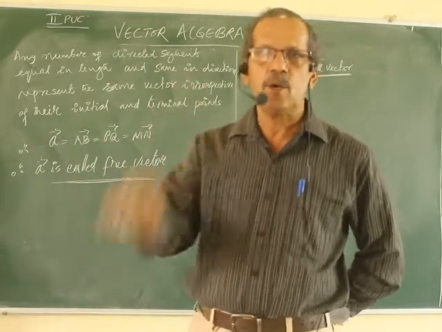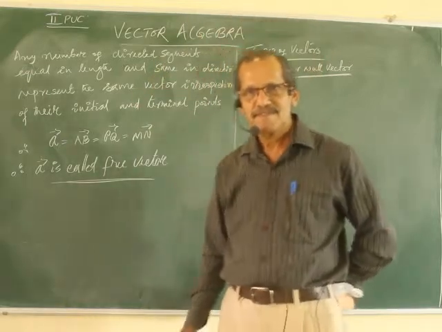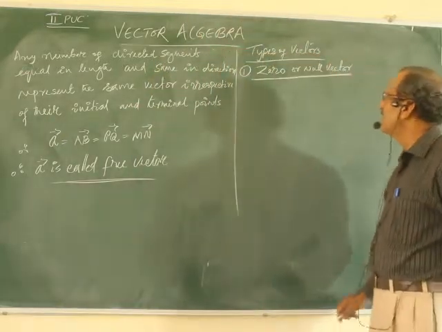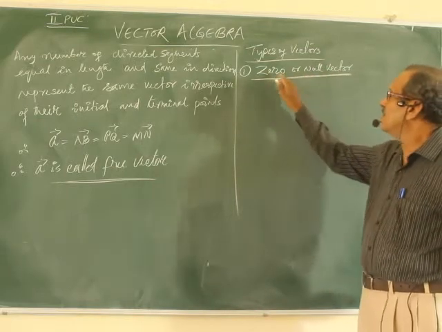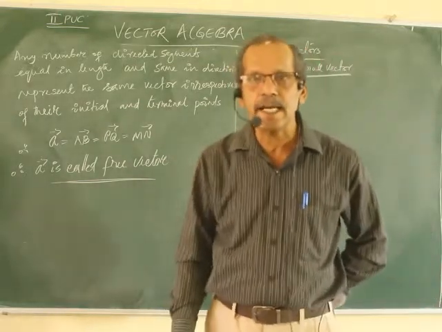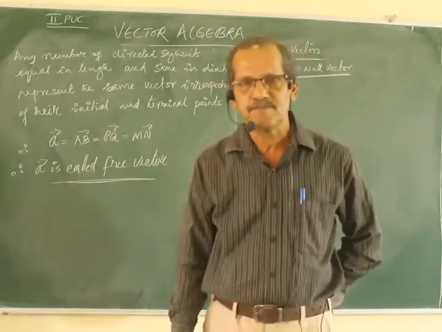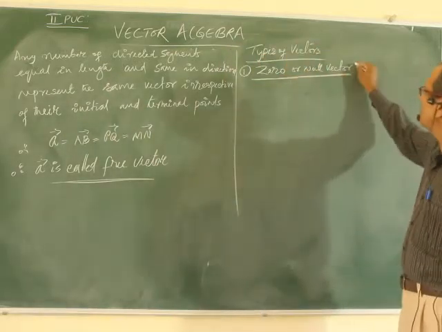Magnitude should be 0 and it should be a vector. Very difficult to imagine. Actually, it is a point, and if it is a point, don't say that it is a scalar, it is a vector. Which is the direction then? Any direction. Zero or null vector is a vector.